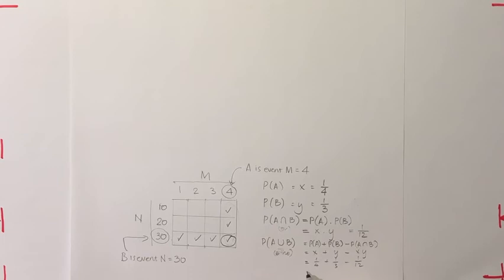In this case, that's 1/4 plus 1/3 minus 1/12. If we rewrite that, we get 6/12, and that's simply half. So in summary, intersection means 'and', so you multiply them. Union means 'or', and you add them and you subtract the intersection.